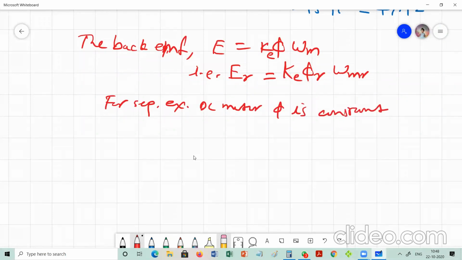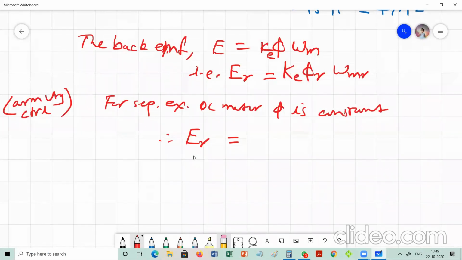Therefore ER is equal to, phi is constant when you are changing the voltage of armature. Means what? This is the condition for armature voltage control. We are connecting the rectifiers to the armature circuit, means we are changing the voltage of armature only.